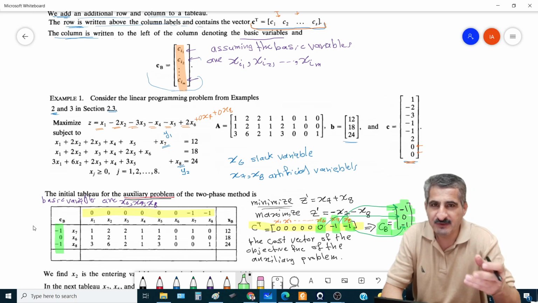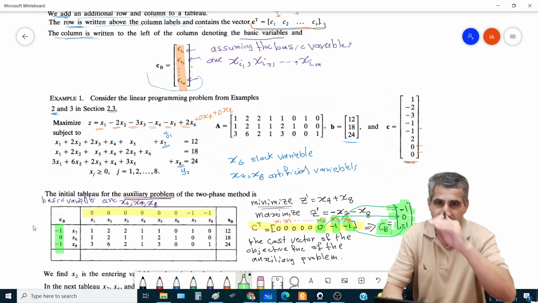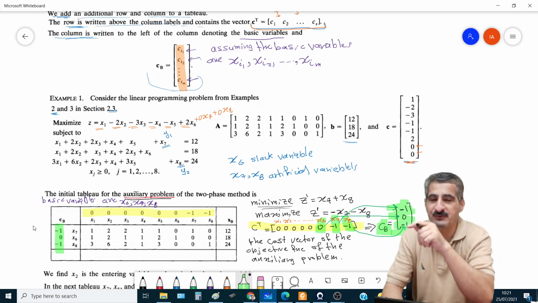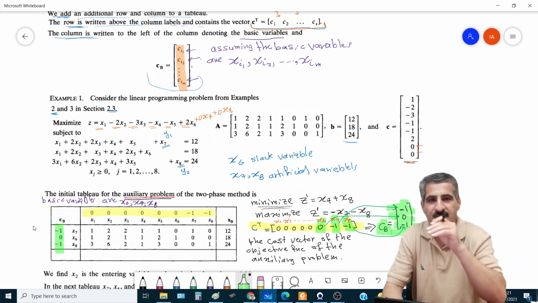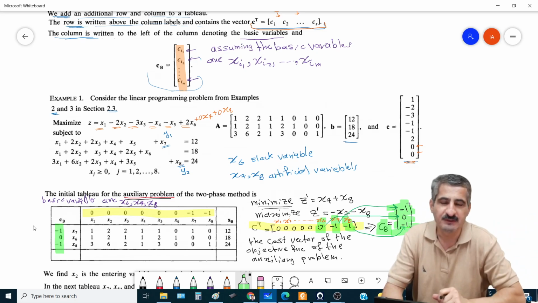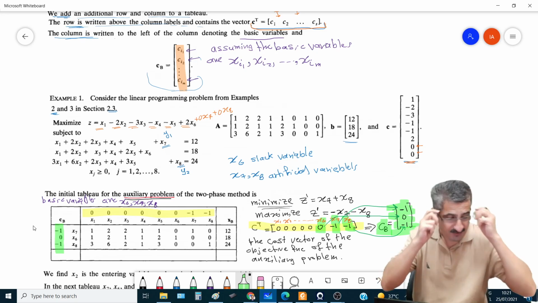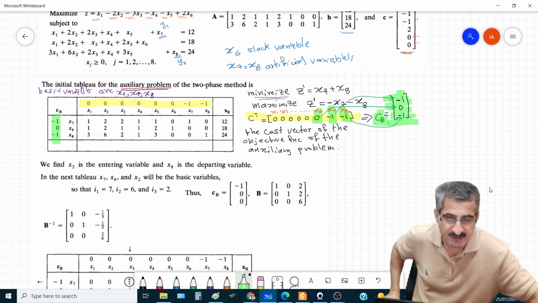And now at the beginning of the section, we said we will add the cost function on the top, and the part of the cost function that corresponds to the basic variables to the left, and they are highlighted in yellow and green. Now, what we do, we work the simplex method. But now, because of these notations, the simplex method will be easier to work.